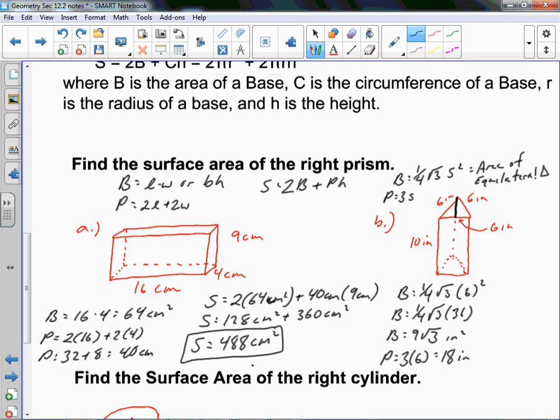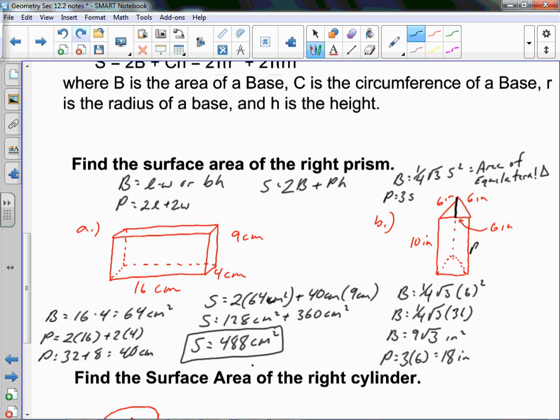And then plug that into the surface area formula. 2 times area of the base, 2 times 9 square roots of 3, plus the perimeter times the height. I want to draw that a little bit smaller here.